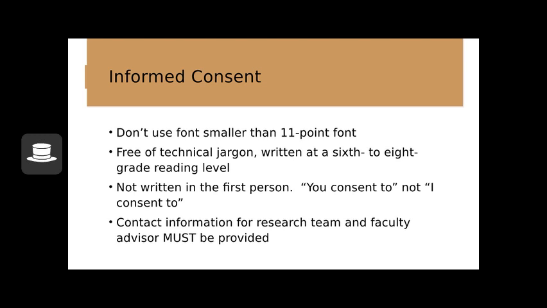And then also, you 100% have to provide contact information for me, just my email address, and one of the members of your research team. A lot of teams will create a new Gmail account that will be their team contact info. The reason why I don't recommend doing that is because somebody has to check that email. And more than likely, none of you will check that email, right?